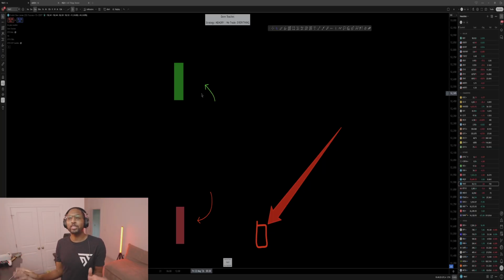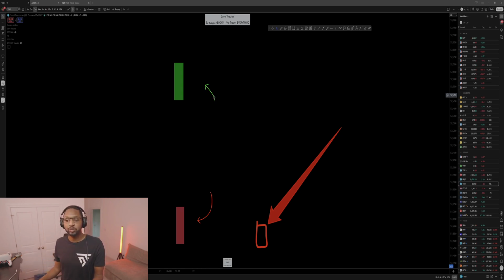It's just an up candle, a down candle. What's next? Just relax, right? The R box is the last down candle that is there, right? The R box is the last up candle that is there before we begin to turn.